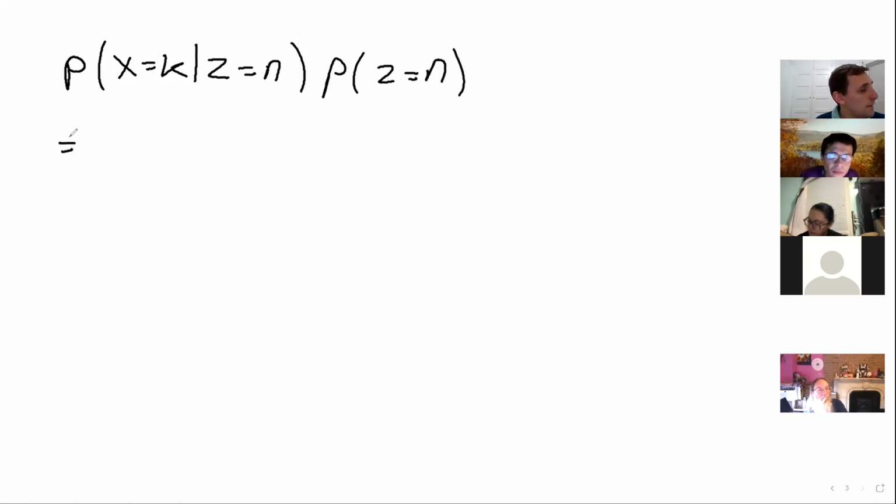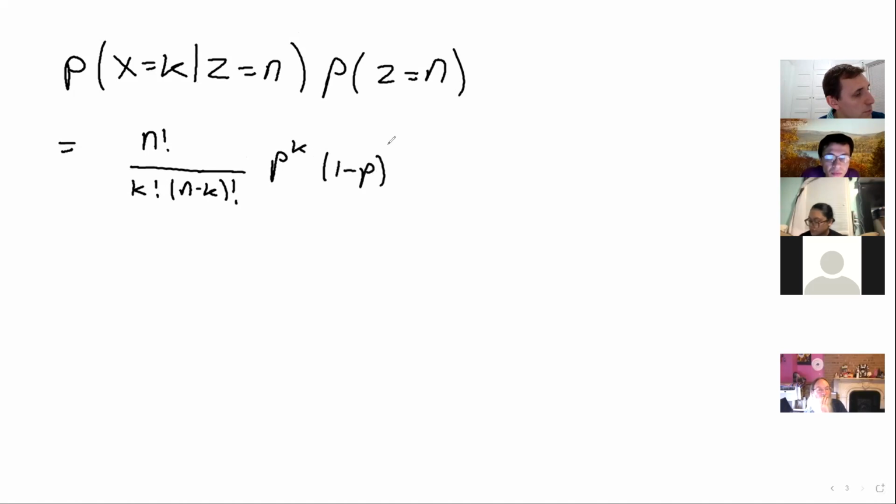I get n factorial divided by k factorial n minus k factorial, agreed? Times p to the power of k, 1 minus p to the power of n minus k, times e to the minus lambda, lambda to the n divided by n factorial.